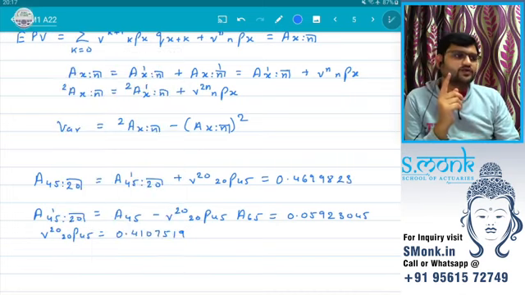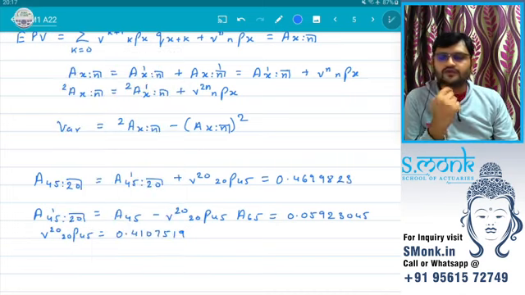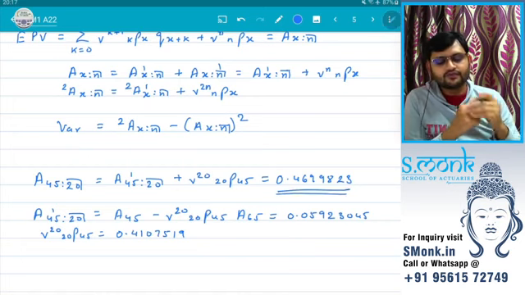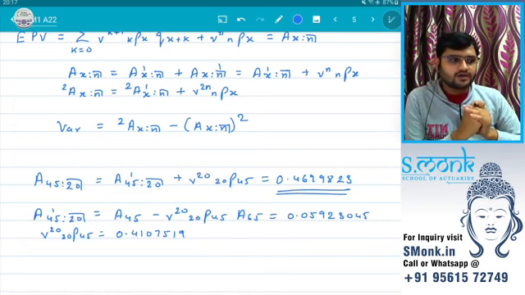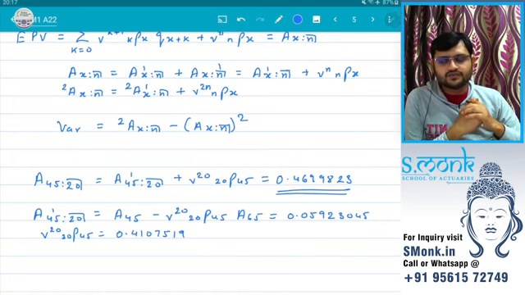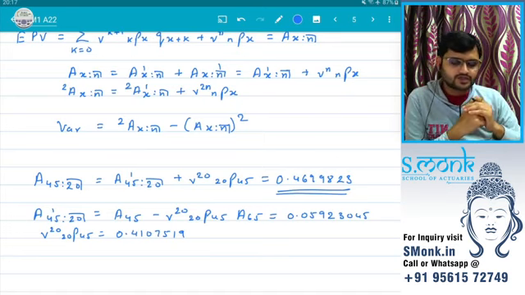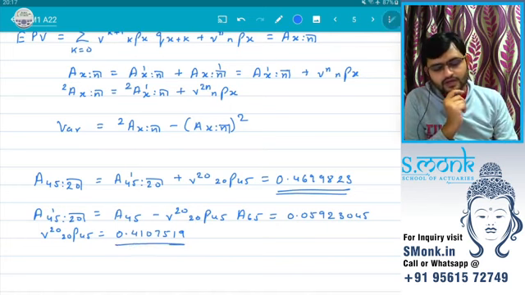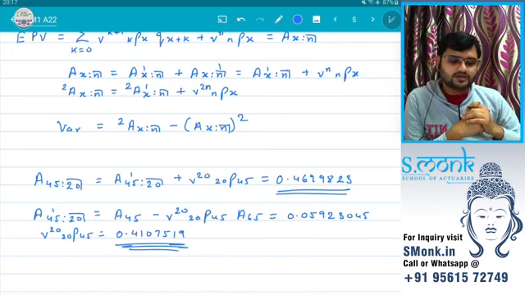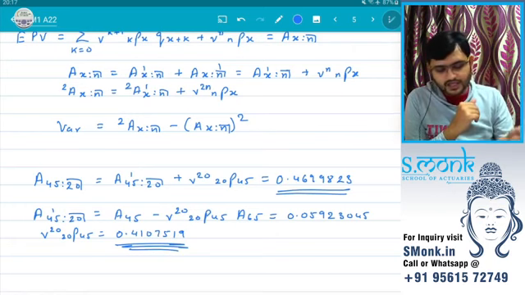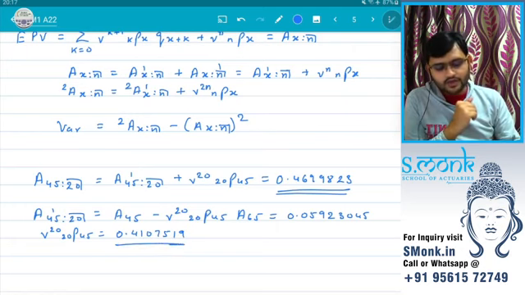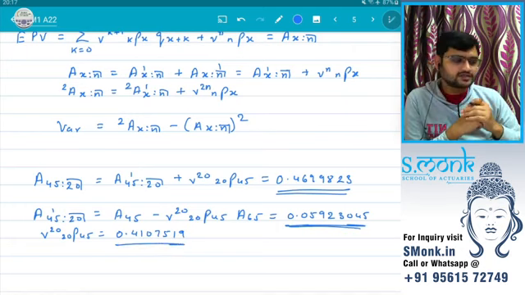So for every 1 rupee that we would give as a sum assured, it will cost us 0.469. 0.469 would be the cost for an endowment policy for a certain age. You can see that pure endowment is the major part. Out of that 0.469, 0.41 is just pure endowment, and only 0.059 is the term assurance.